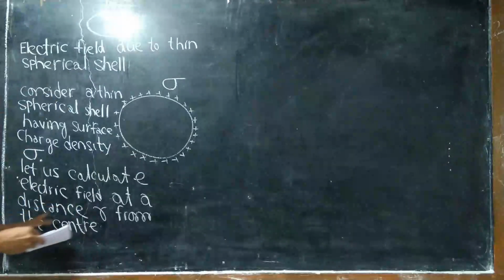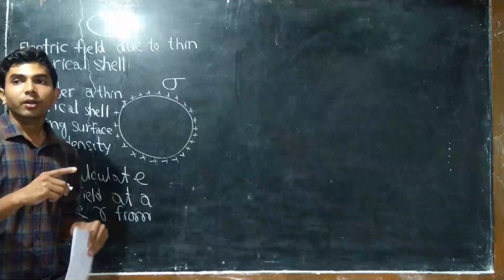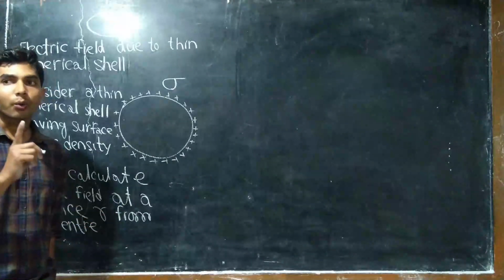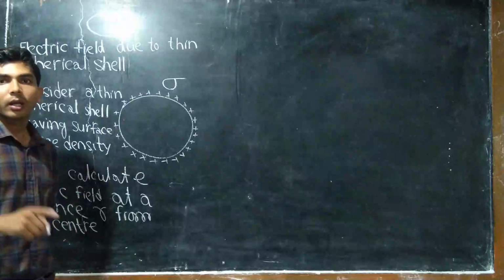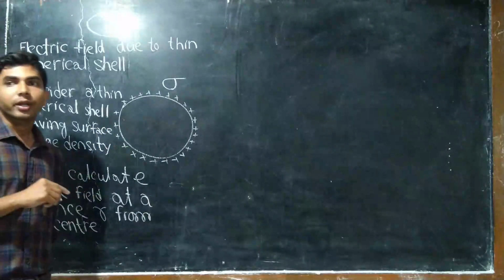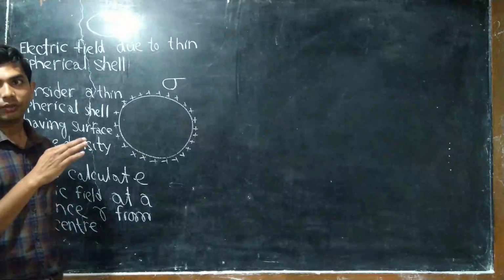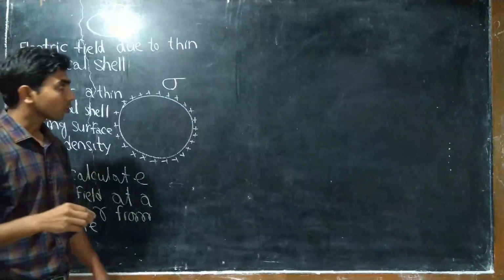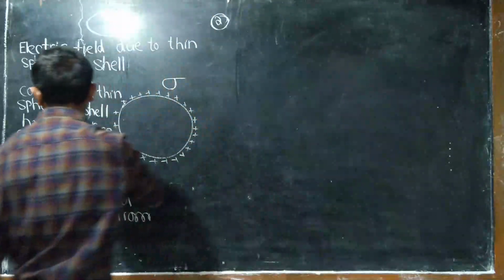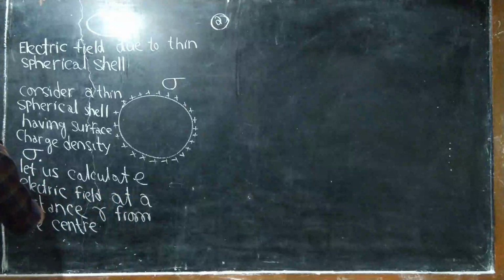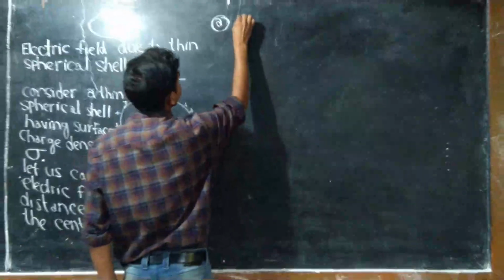In this condition, basically three cases are possible. In the first case, we are going to find the electric field outside the cell. In the second case, at the surface. And in the last case, inside the cell.